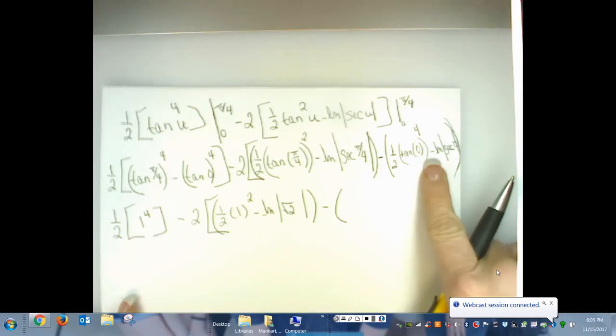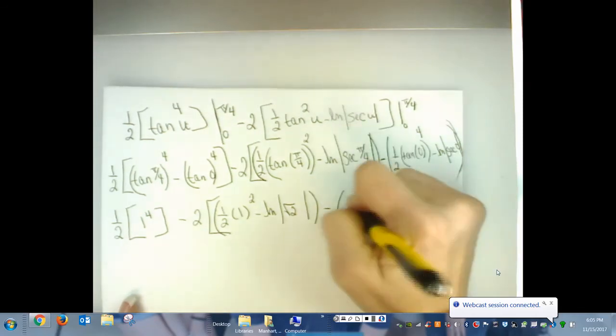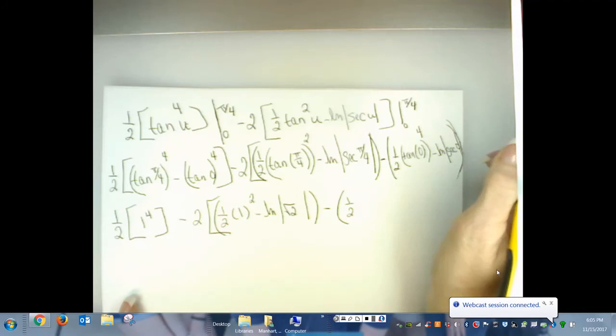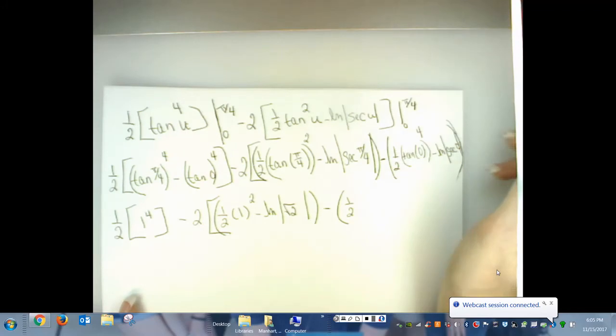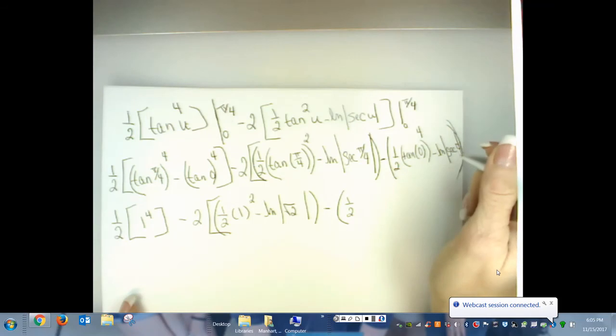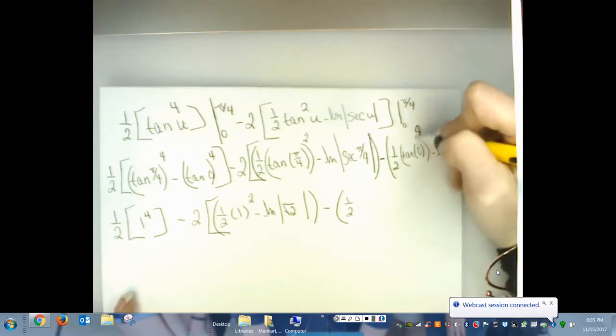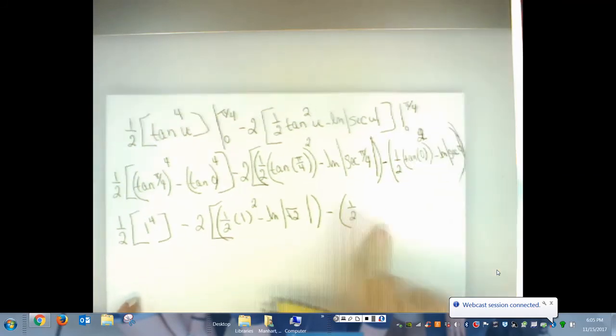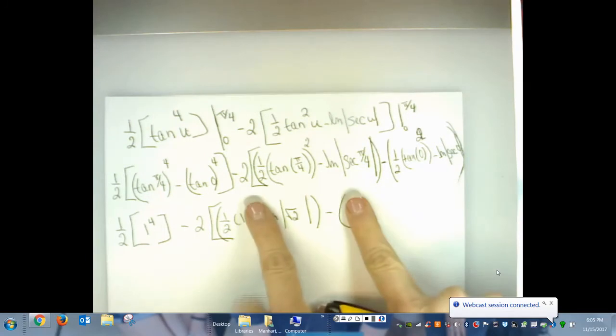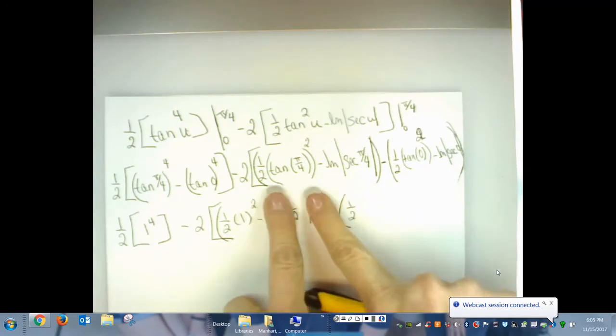Minus, so let's be careful with this. 1/2 times, very careful here. If I'm not mistaken, I should have put a 2 here. Substituting into the formula. Yes.